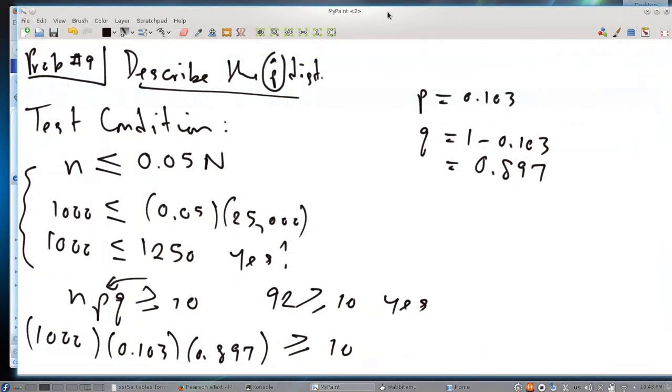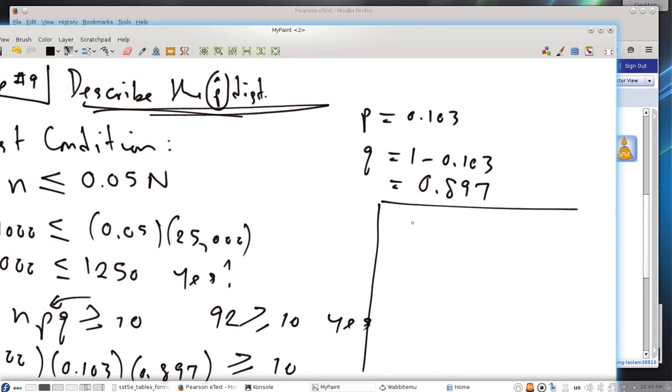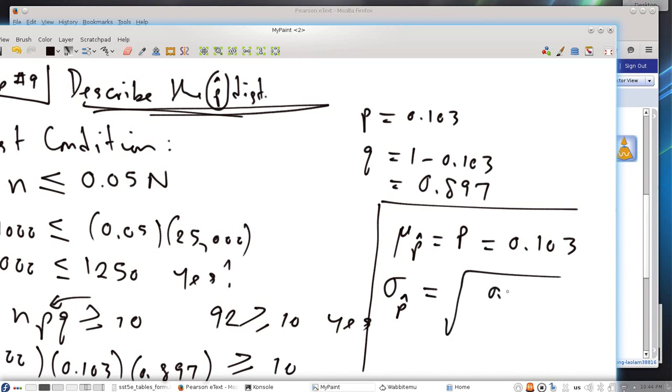Now we are ready to describe the p-hat distribution right here, and the description of the p-hat involves the properties where mu of p-hat is equal to p, and in this case it is 0.103, and the standard deviation of the sampling distribution of the sample proportion is the square root of 0.103 times 0.897.